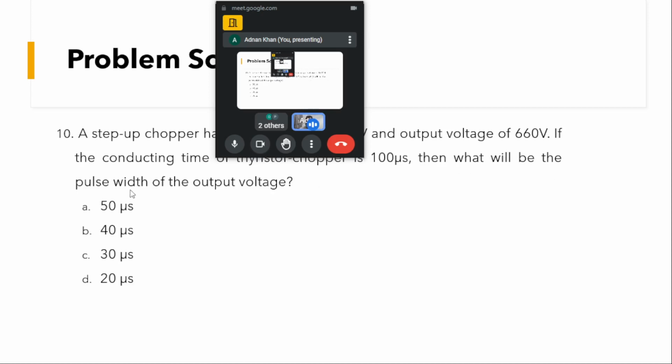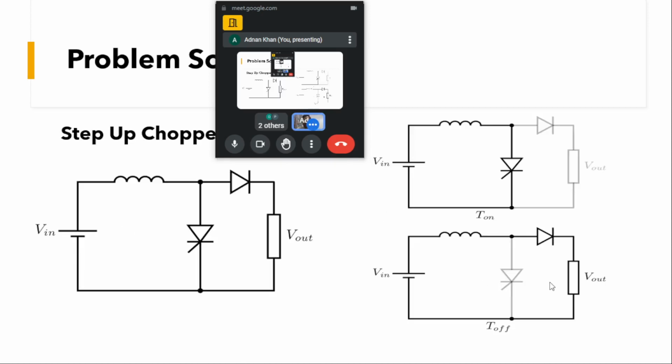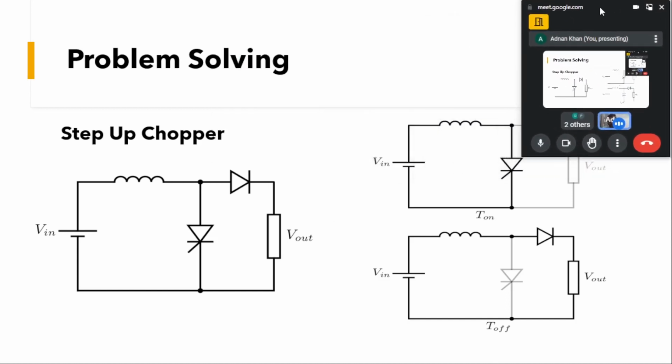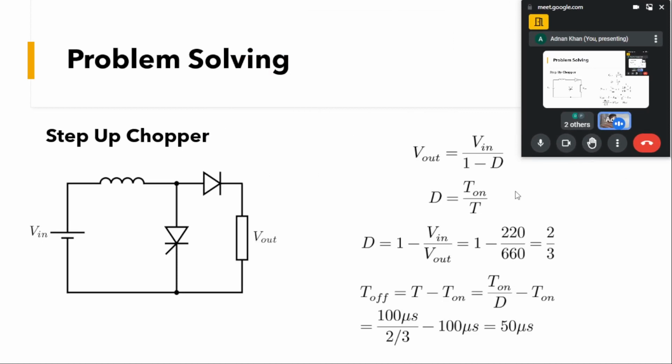So what will be the pulse width of the output voltage? The width of the output voltage will be equal to the T off time. If we are able to calculate this T off time, we will be able to calculate the duration of the output voltage. So that is what we will do now.